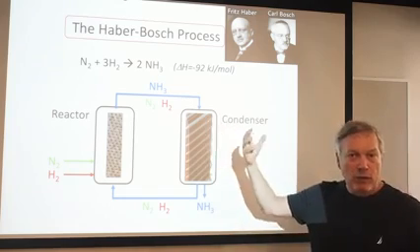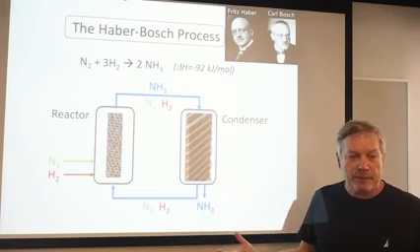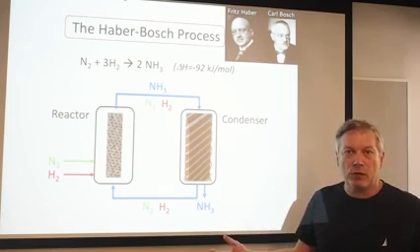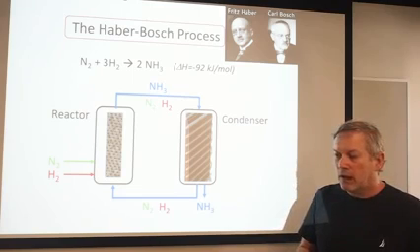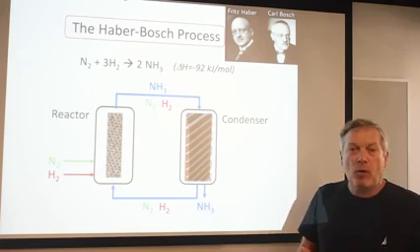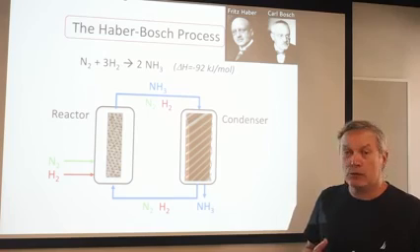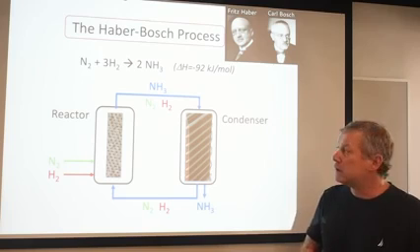Now take the word fertilizer out of this picture and try to think in terms of other materials, such as, for example, pharmaceuticals. We all need medicine. How do we make medicine in quantity? Take, for example, polymers. Polymers are pervasive in our society. We need to make them in large quantity. That's another thing that chemical engineers do.